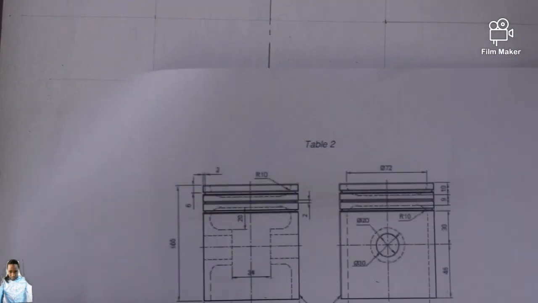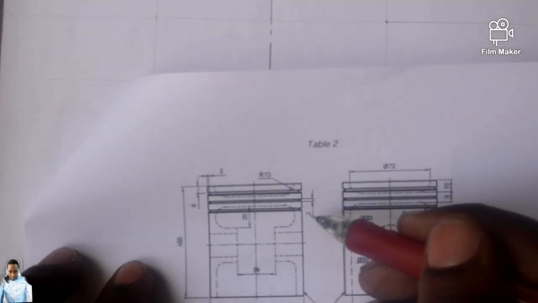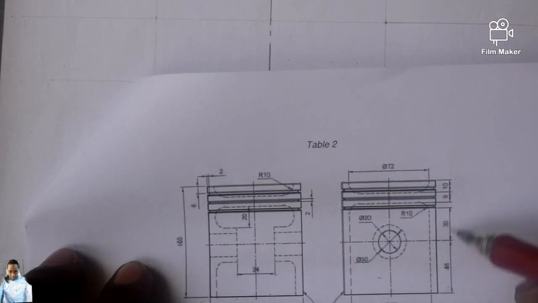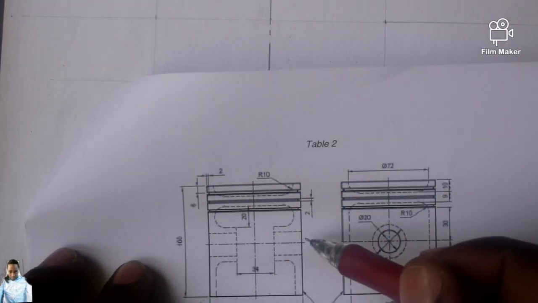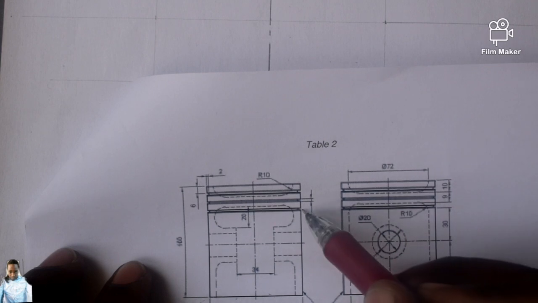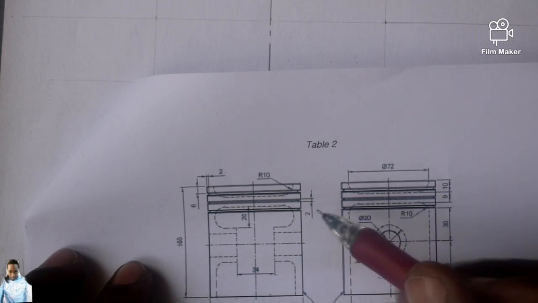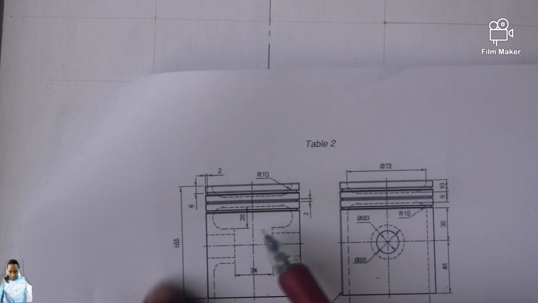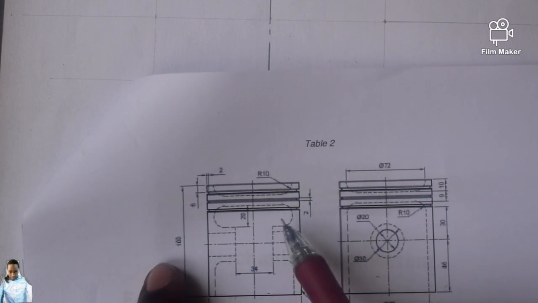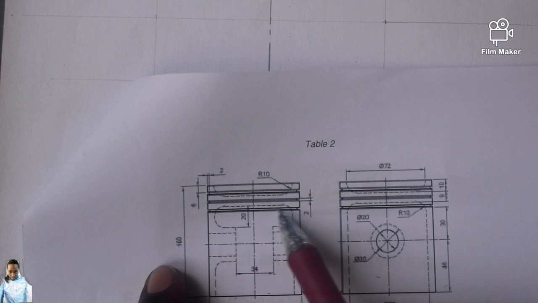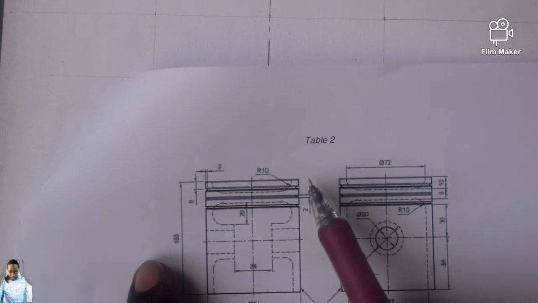Then now we are seeing some small dimensions here. Because from here till there is 30, isn't it? Which is this one, from here till there. Then from here till there we're supposed to get 2 millimeter, I think. But then we know all of this is going to disappear, because this is a piston, isn't it?